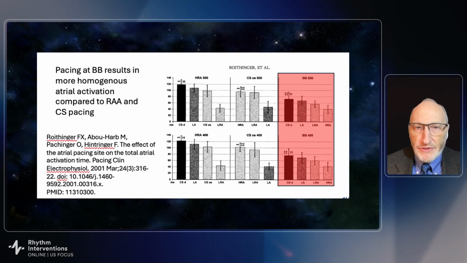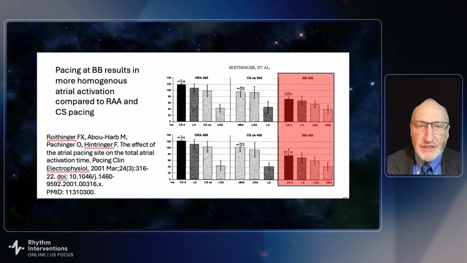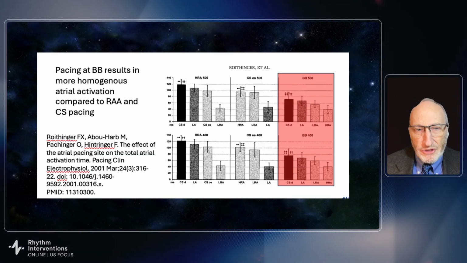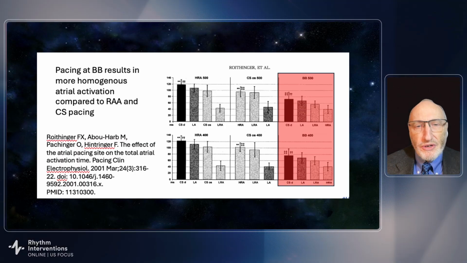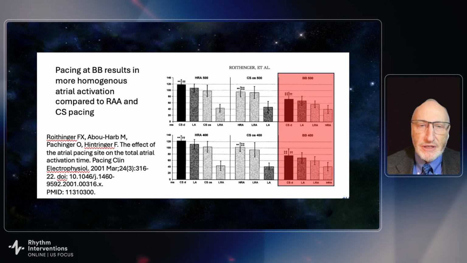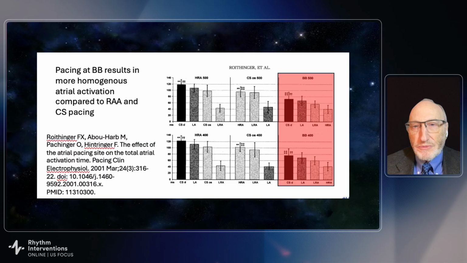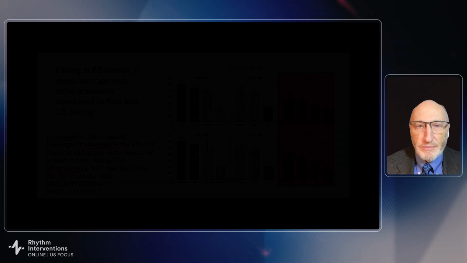We did that by acute studies looking at activation timing in different pacing positions, and other groups also evaluated this. This was from their report, where you can see the activation is much more homogeneous and quicker with Bachmann's position than other places in the atrium, particularly the right atrial appendage.